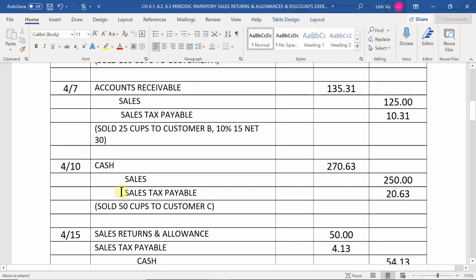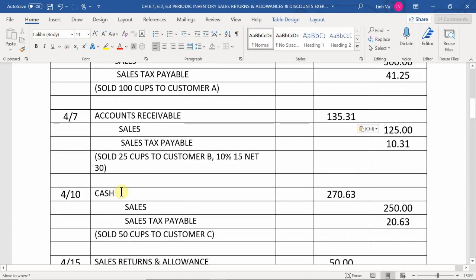Now, what amount are we going to actually be discounting here? The discount's going to be off the 125.